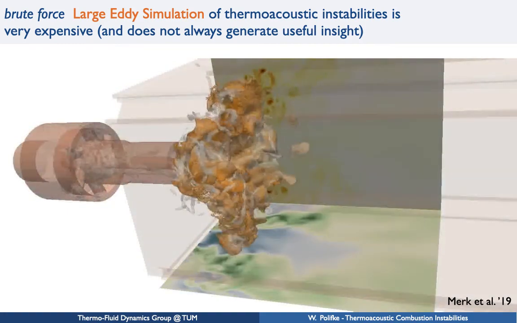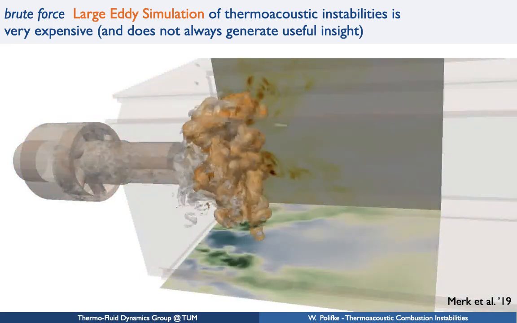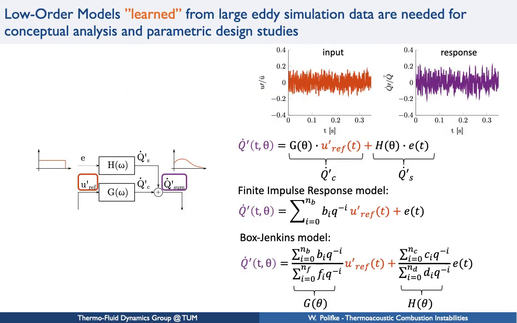So the important thing that we're doing in our studies is try to deduce low-order models with a much smaller number of degrees of freedom from the Large Eddy Simulation. So we try to teach the low-order model, which has a few hundred degrees of freedom, the important aspects of the flame dynamics in a Large Eddy Simulation.